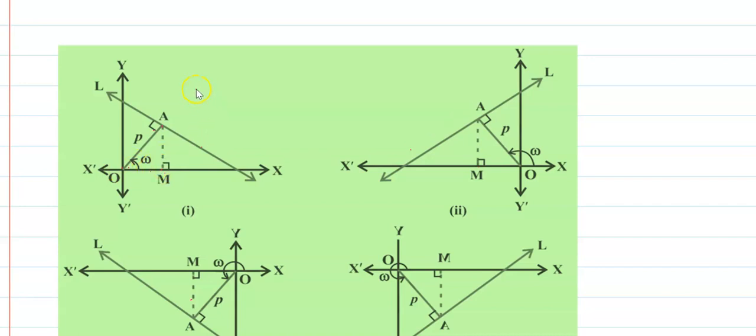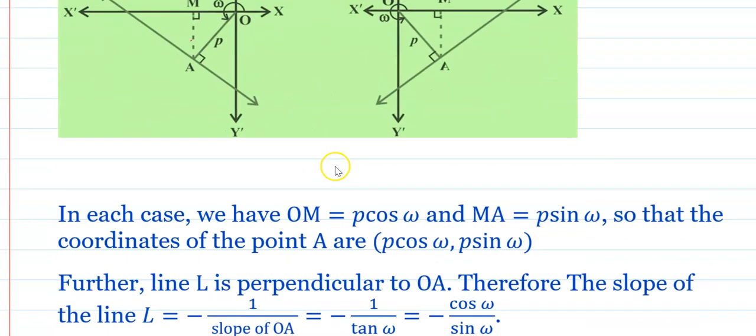Cos omega is equal to OM upon OA. OM is the x distance and OA is p. Therefore x is equal to p cos omega.